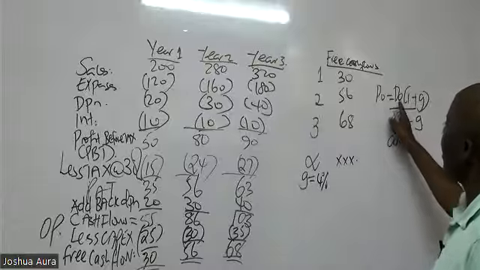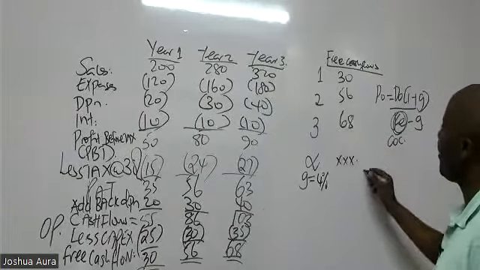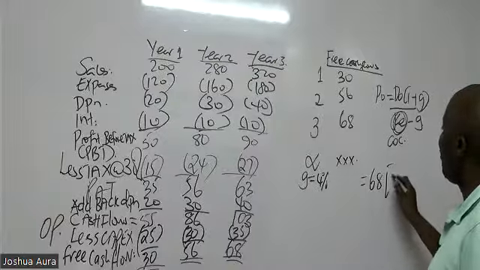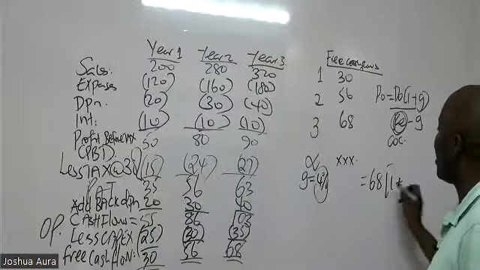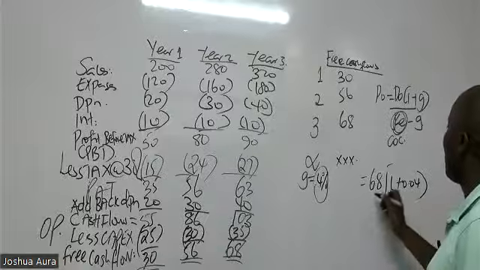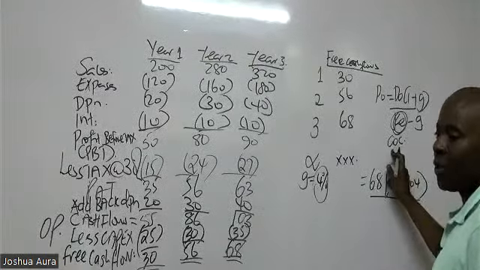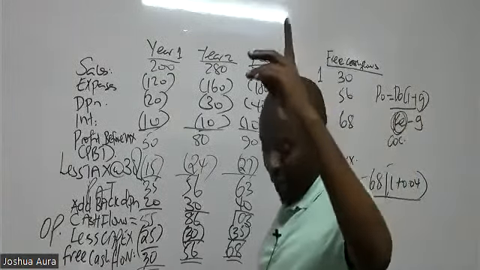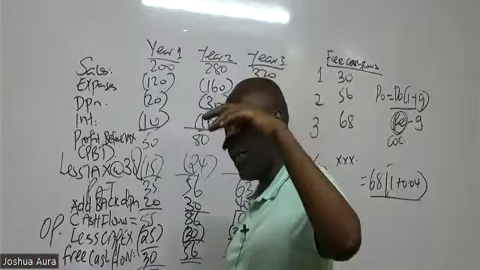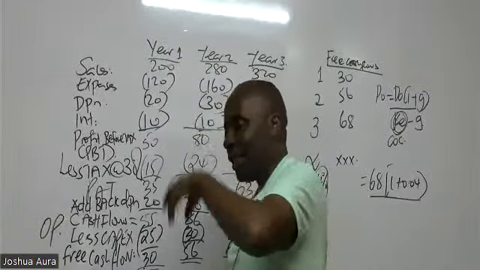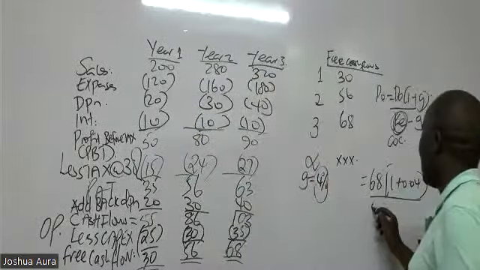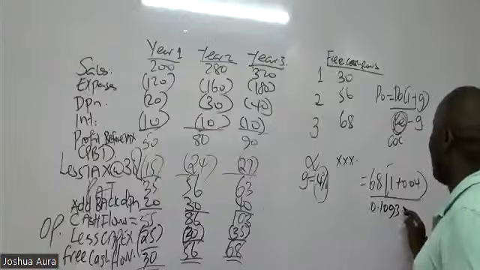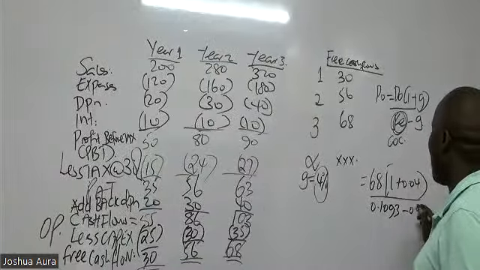So the most current dividend is 68. Times 1 plus the perpetual growth rate, which is 0.04, all over the WACC. You did give me the WACC; if my memory serves me well, it was coming to 0.1093, minus the growth rate again, which is 0.04.